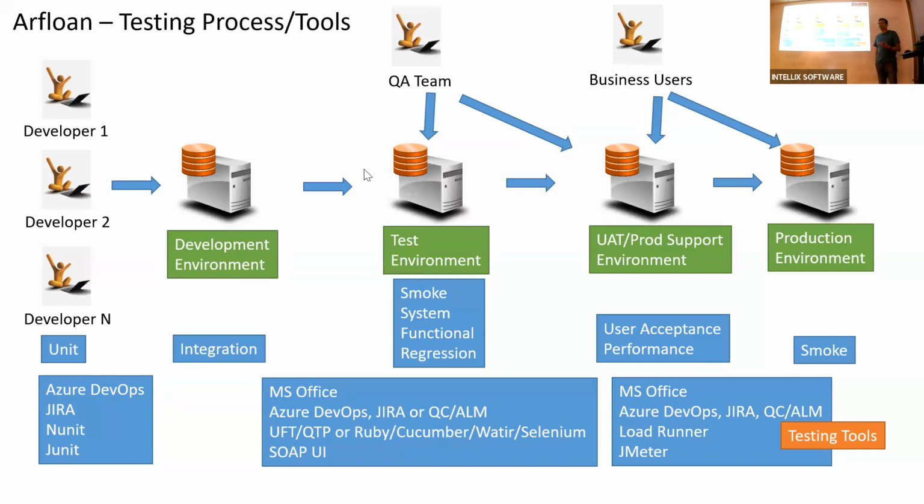JSON is a data exchange format. XML is a data exchange format. If you are doing web service testing, which we will talk about maybe a couple of weeks down, you need to pick up those technologies.